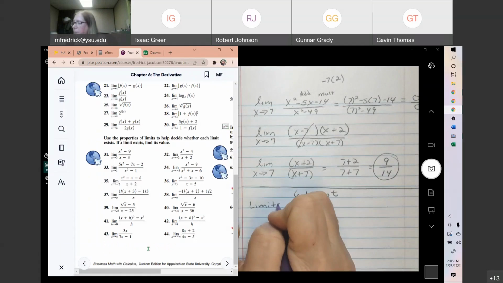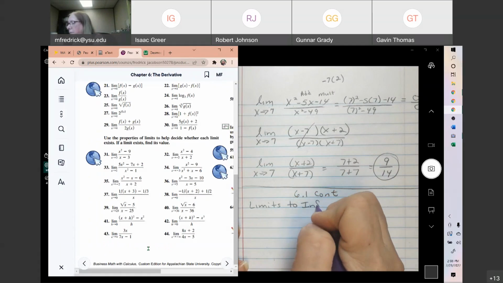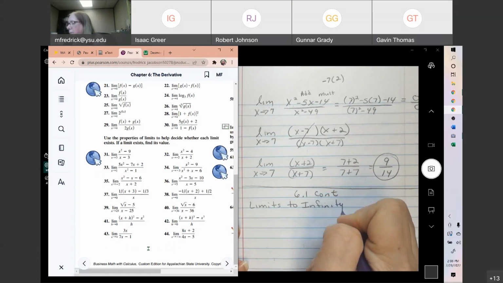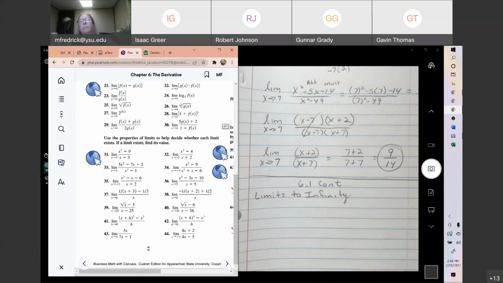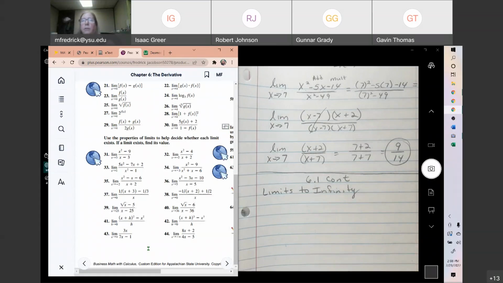There's 3 rules when you have limits to infinity. When you have a limit to infinity, you need to look at the degree of the polynomial, and these limit to infinity ones will all be fractions.